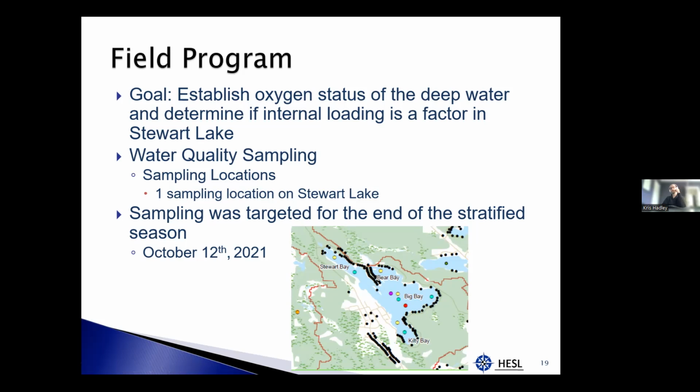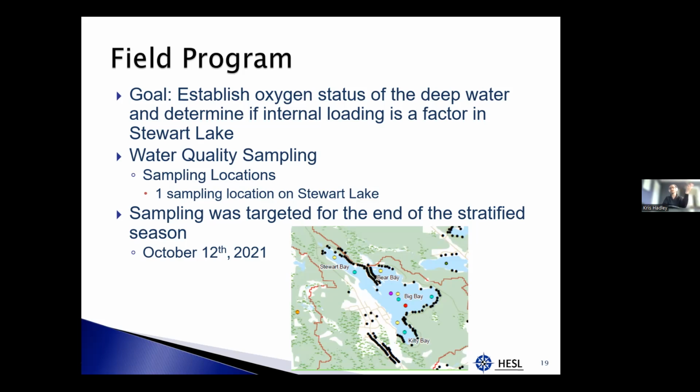The goal of our field program for fall was to look at the oxygen status of the lake, whether or not deep water anoxia is a problem in the lake. That is low oxygen concentrations in the very deep water near the sediment. What that can do is result in phosphorus being released, due to the chemistry of the actual sediment and the way that phosphorus is bound to sediment.